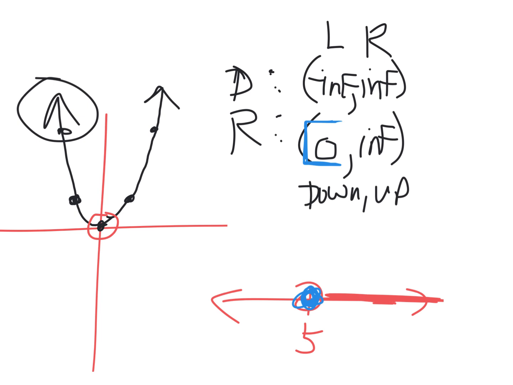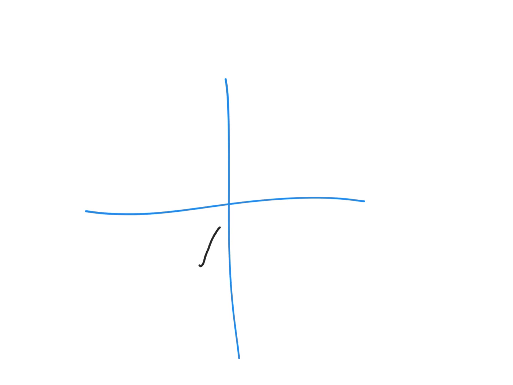So, be careful. If it can touch, then it's got a solid dot and you put a bracket on it. All right, so here's one more that's kind of like that. Except this time I'm just going to give you the graph. It's going to go from here up to there.